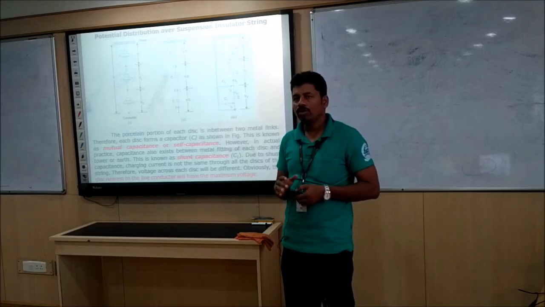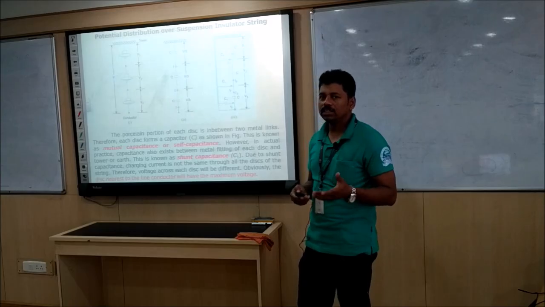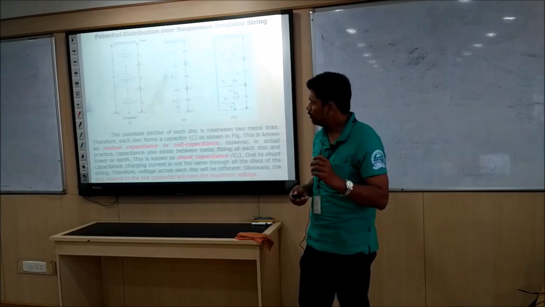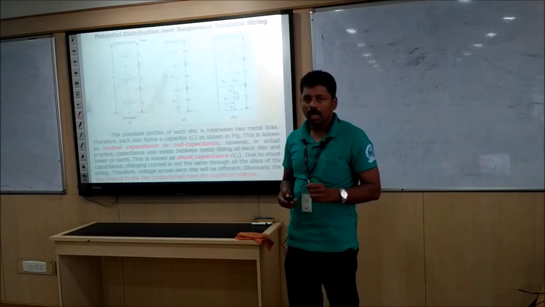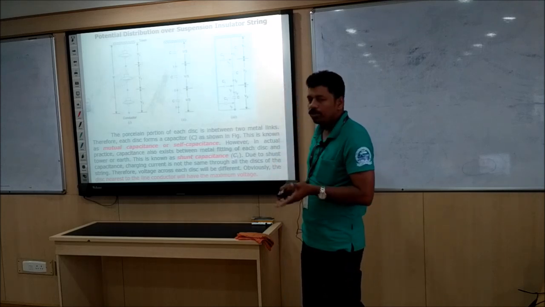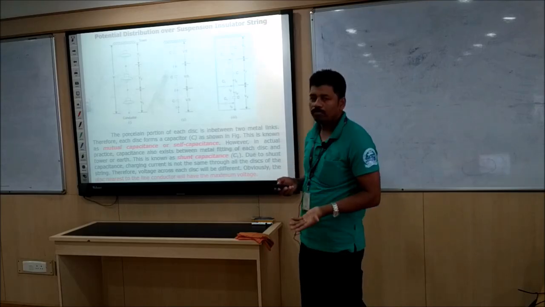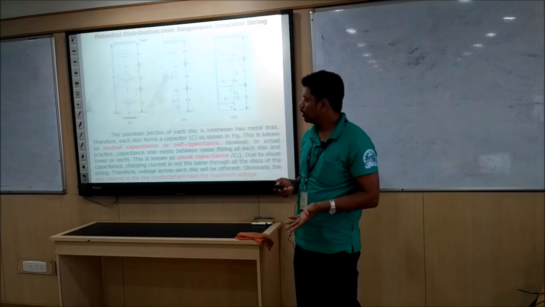If the uniformity is there, then the efficiency should be more. If I say the string efficiency is 100%, that means V1 equals V2 equals V3. But most of the time, the value of V3 is more than V2 and V2 is more than V1. This is because the conductor is at the bottom of the entire string.